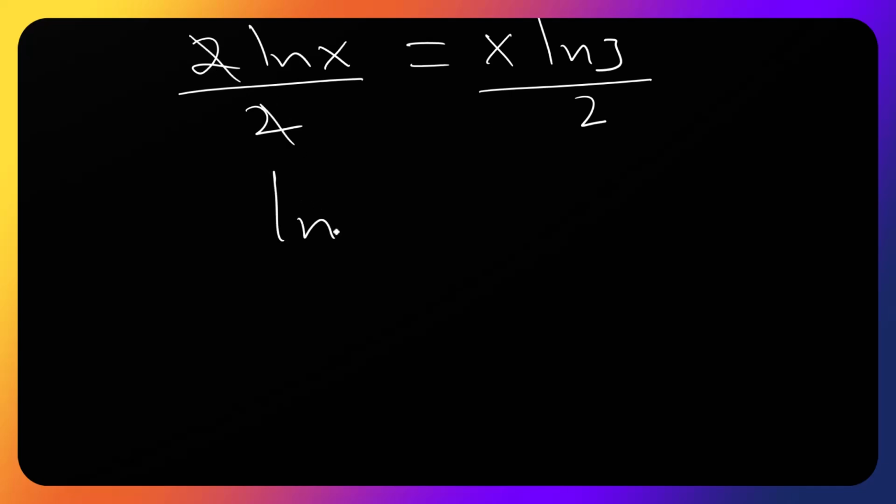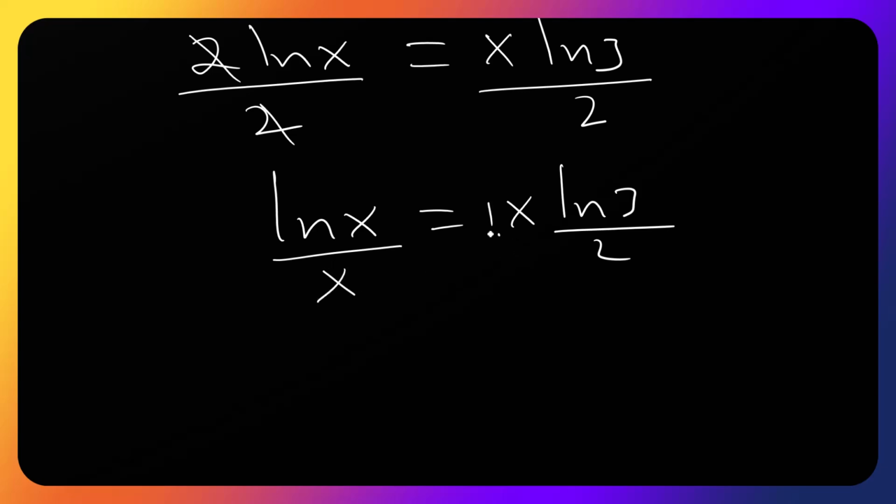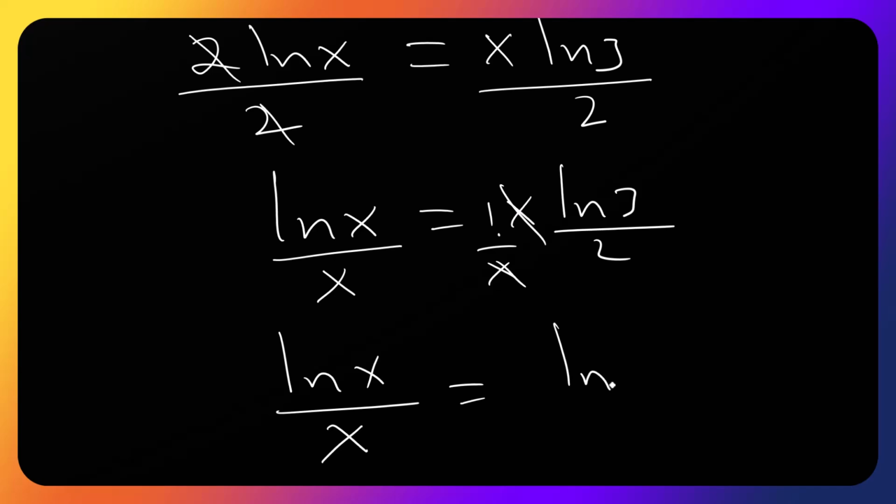We'll be left with ln of x equals x ln of 3 on 2. And I want this one to come here. So I will make it over x times 1 over x. So this one will cancel. So we have ln of x on x equals ln of 3 on 2.